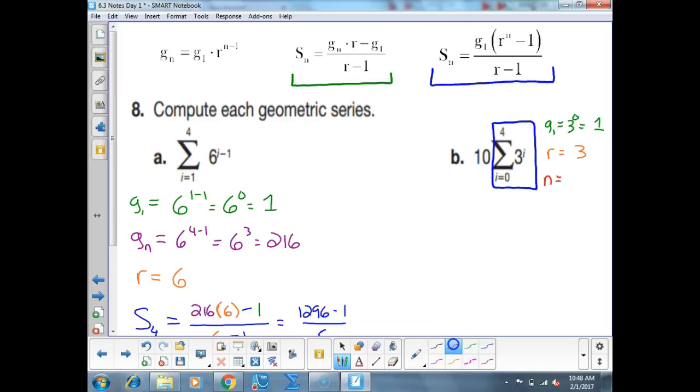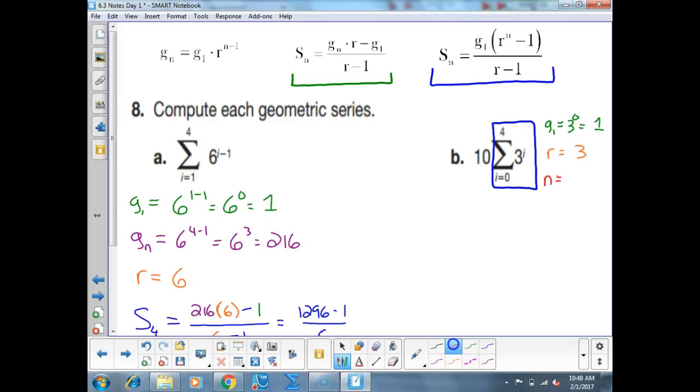How do we find the total number of terms in sigma notation from yesterday? Top minus bottom plus 1.